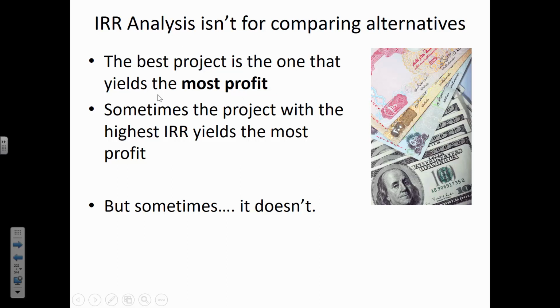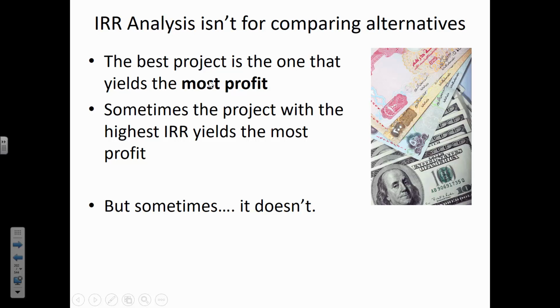That's what companies are trying to do, they're trying to maximize the amount of dollars that they're getting. And what we're going to see in this in-class exercise that we start with is that sometimes the internal rate of return that's the highest isn't for the project that yields the most profit. And so that's why we can't use the internal rate of return for picking which alternative is best.